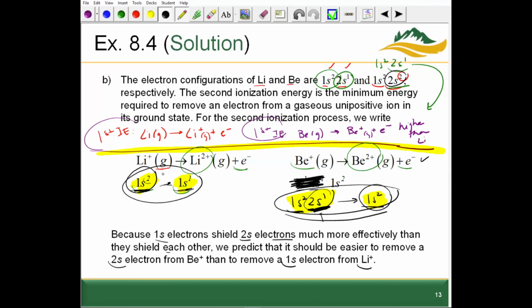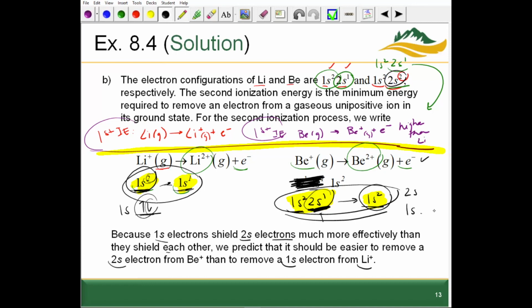And for this to be a filled subshell, it means this electron is in the same shell as its other electron. So 1s has 2 electrons here. These are in the same shell. There's not going to be any shielding. There's not going to be any electrons in between the nucleus and these 2 electrons, making the removal of one of these electrons really difficult.